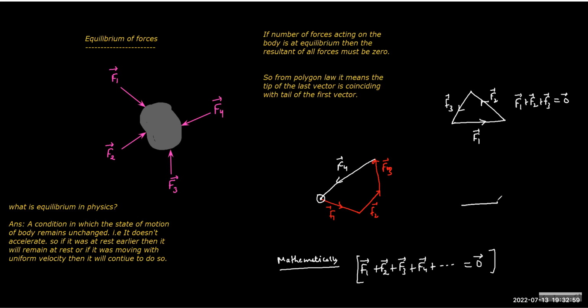Similarly, if I draw a square and all arrows are cyclic, the end and the beginning are coinciding everywhere, and therefore again the resultant will be the null vector. As long as it's a closed polygon, it simply represents the null vector.